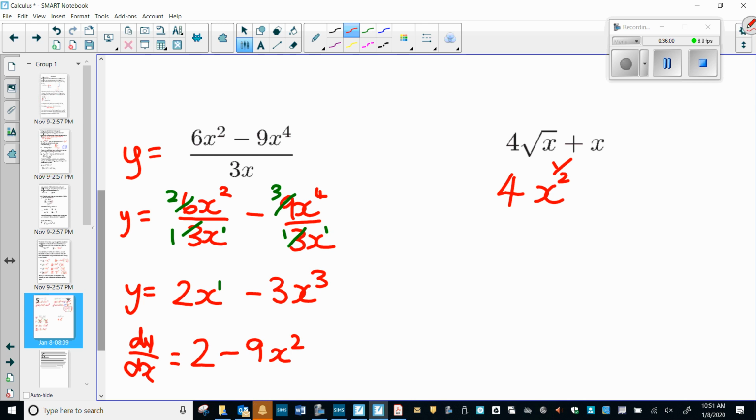Let's sidestep slightly. If it had said cube root of x, what would we have written? Yeah. X to the power of 1/3. If it had said fifth root of x, it would have been x to the power 1/5.